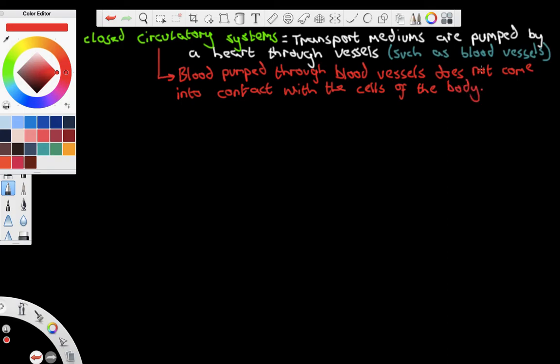Okay? Blood stays within the blood vessel whilst it exchanges substances with cells.